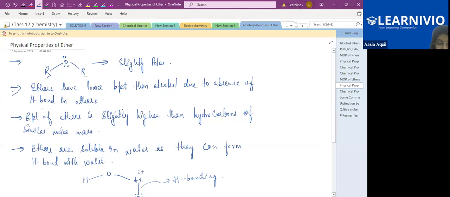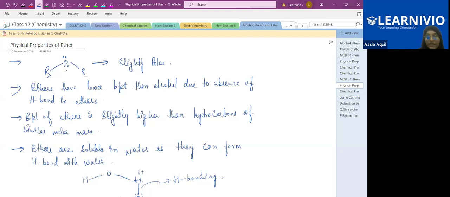Second point, ethers have lower boiling point than the alcohol. Why? Due to the absence of hydrogen bonding in ethers. So in ether, there is an absence of hydrogen bonding, and that's why their boiling point is low.